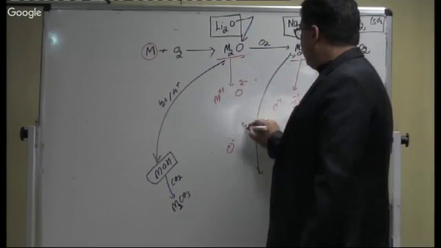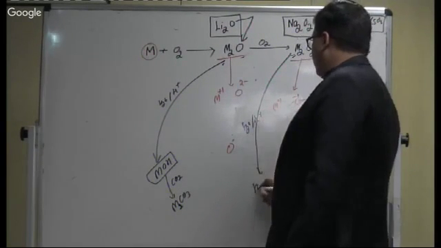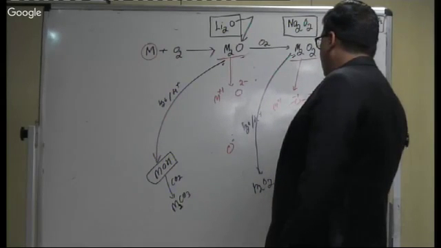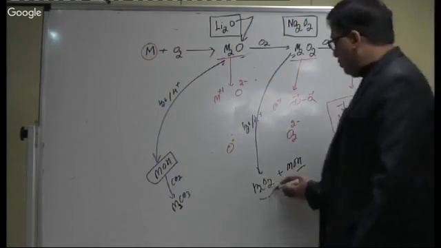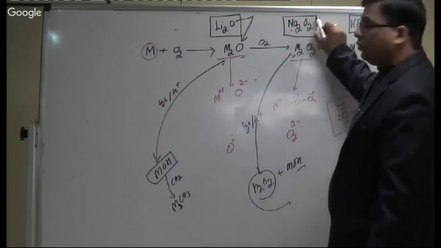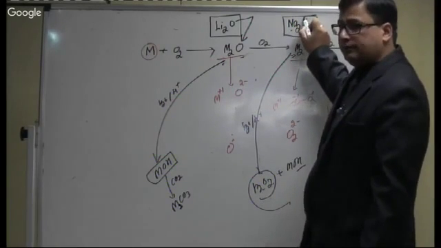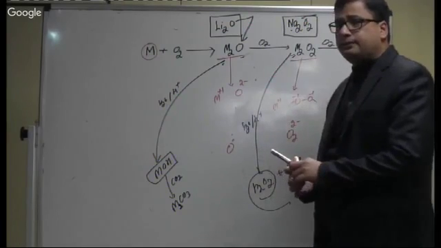This will also give you peroxide, H2O2, and MOH. Clear? So H2O2 can be achieved by treating Na2O2, which is also known as oxone. Clear?